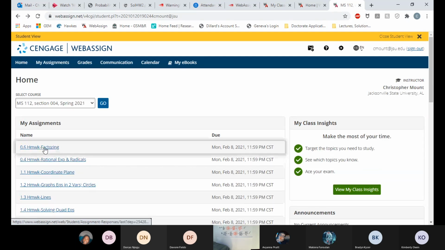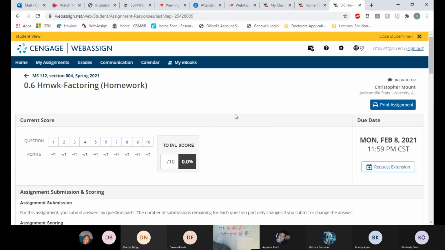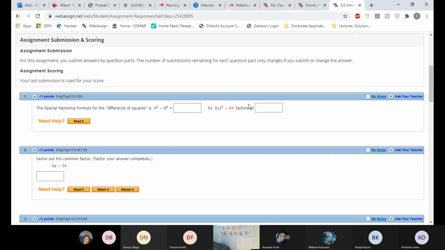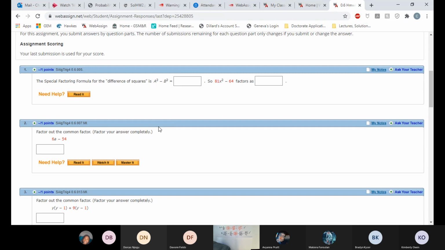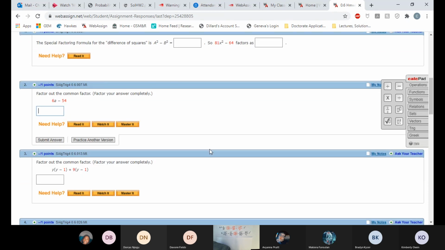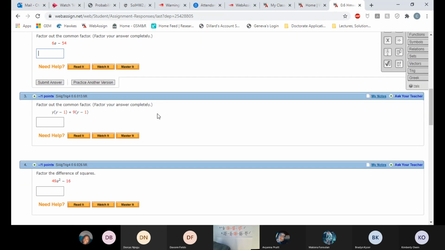What I'd like for you to do is go look at section 6 in the homework and the text if you'd like, and see if you can do them on your own, because you've seen all this stuff before. If you took MS 100 here, you've seen these special factoring formulas like difference of squares. You should know how to factor out the greatest common factor, things like that.